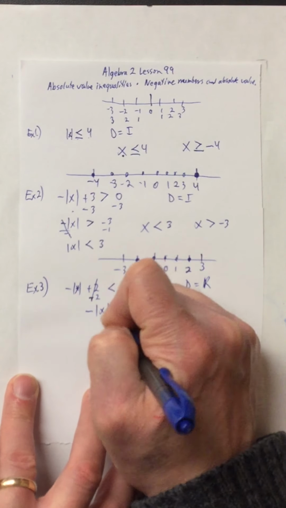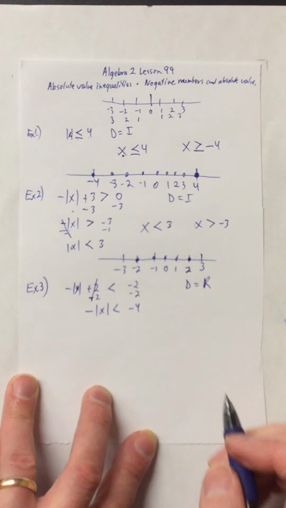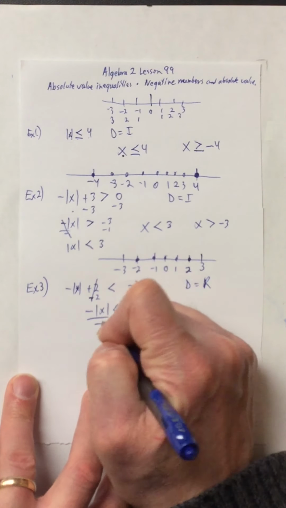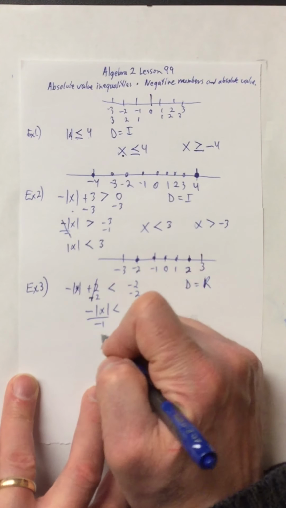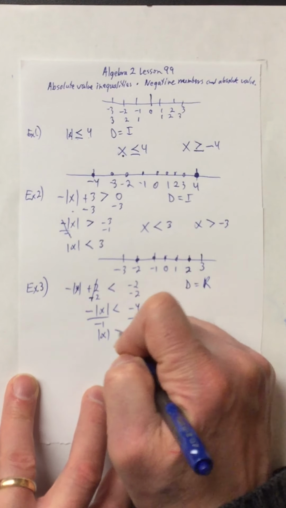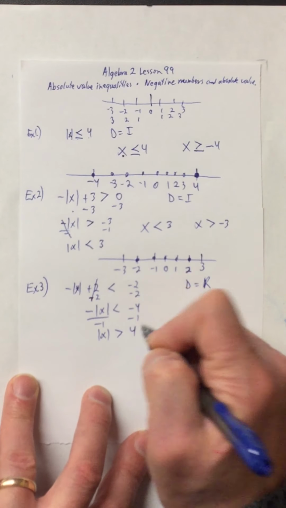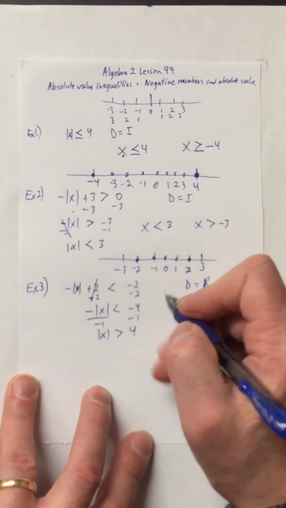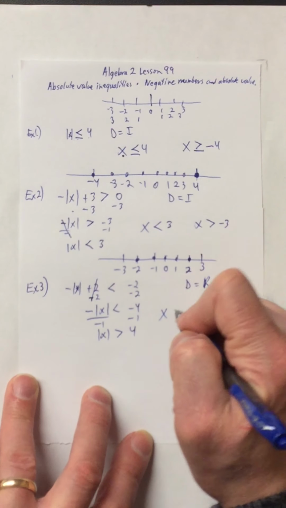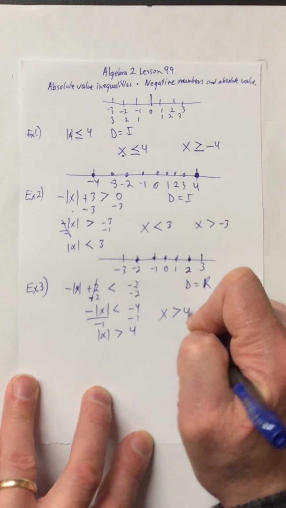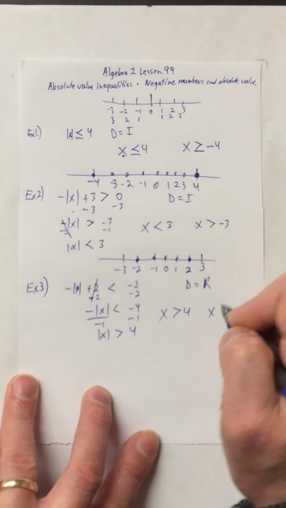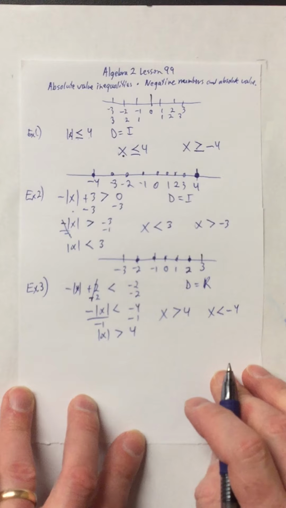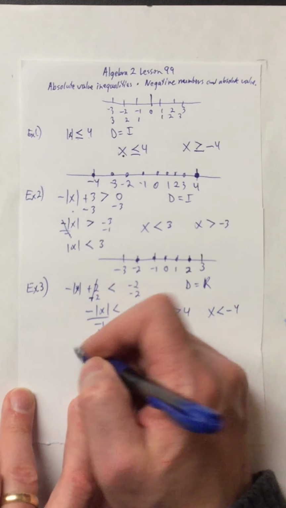So negative absolute value of x is less than negative 4. Let's divide by negative 1 on both sides. That flips my sign, so I have absolute value of x is greater than 4, because a negative divided by a negative is positive. Once again, I'm going to write this without the absolute value: x is greater than 4, but then x is also, flipping my sign, less than negative 4. Okay, so let's put that on a number line here.